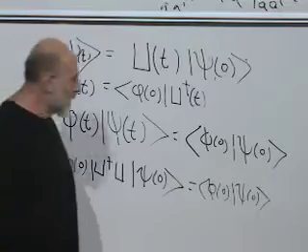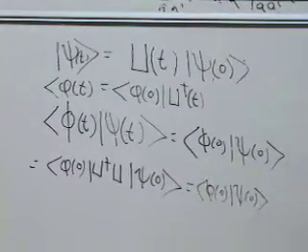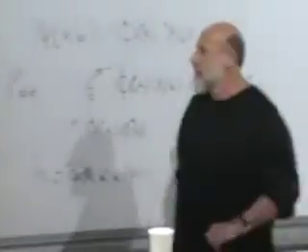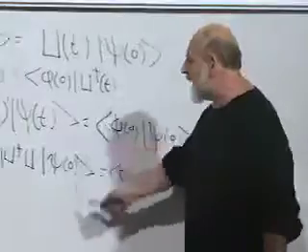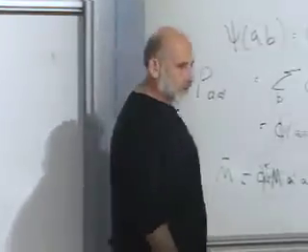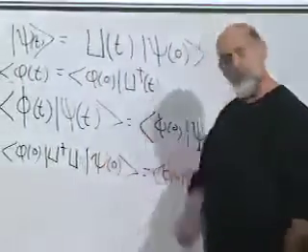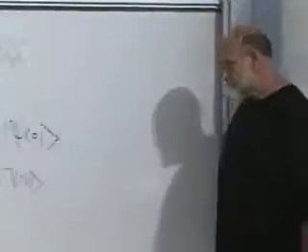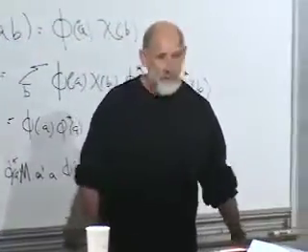Well, I won't prove this, it's more or less obvious. If an equation like this is true for every pair of vectors in the vector space, there's only one conclusion, and that conclusion is that u dagger u must be the unit operator. That's very easy to prove.